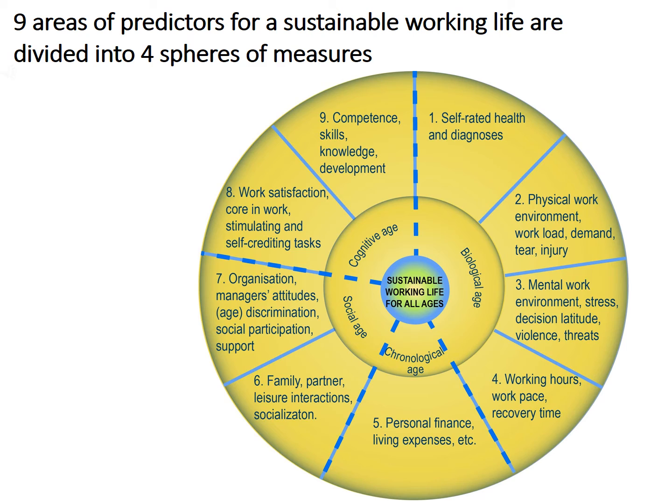There are 9 different areas of predictors that affect whether an individual is able to and wants to participate in working life. These are of great importance to a sustainable working life for all ages. These areas are health, diagnosis, illness, and function variations.